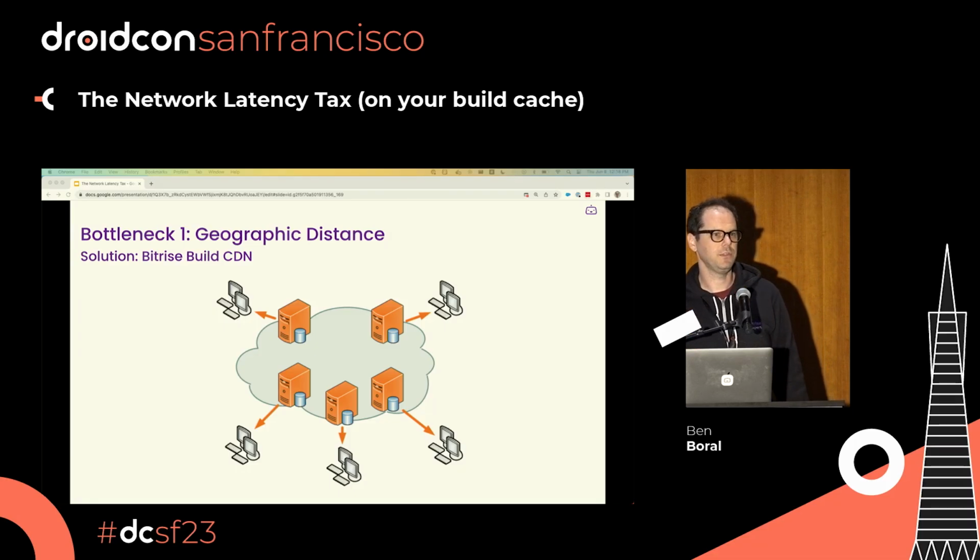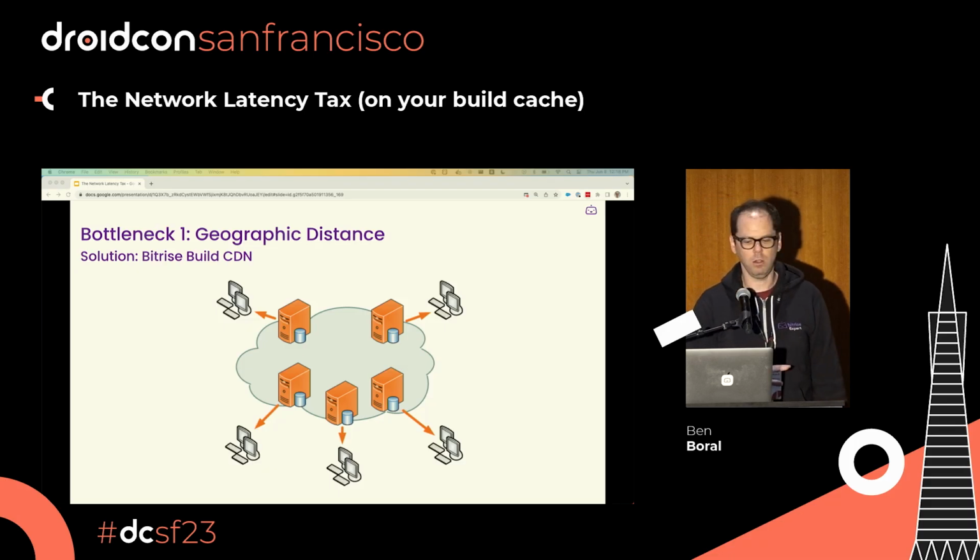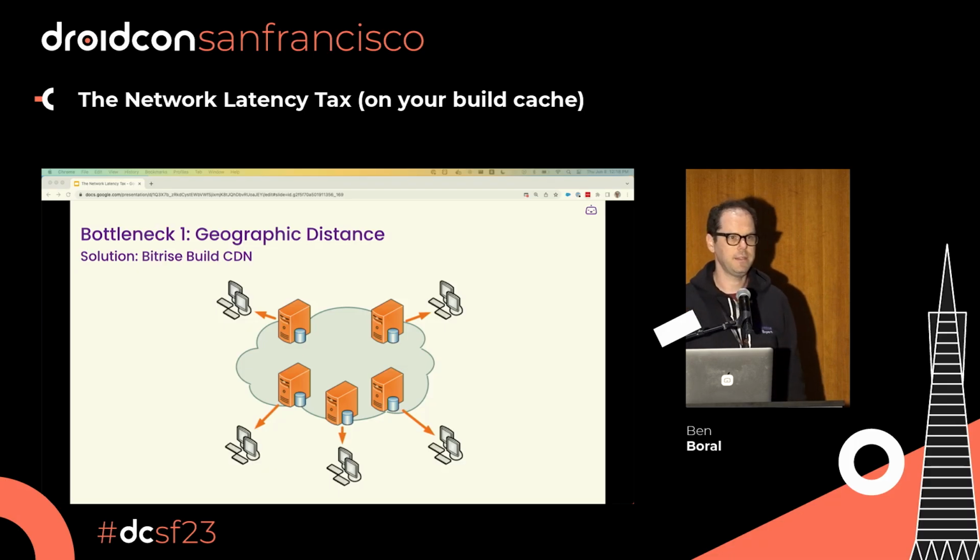A CDN is a content delivery network, a global collection of edge nodes. These computers are in major metro areas all over the world, and they host replicas of the cache entries, so that the distance between developers and some cache storage is very small.